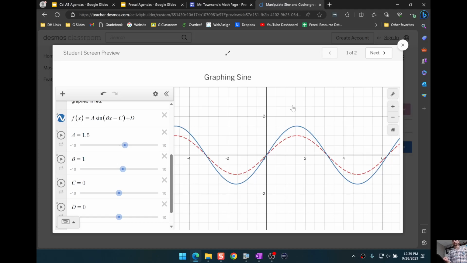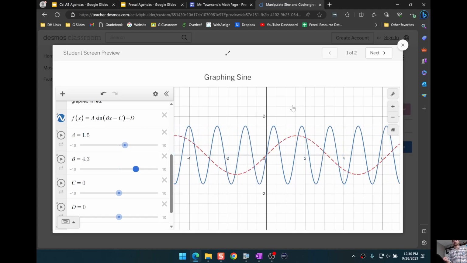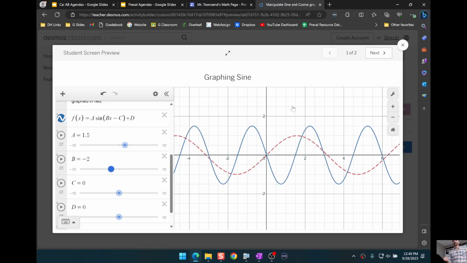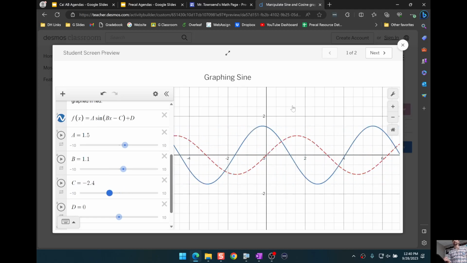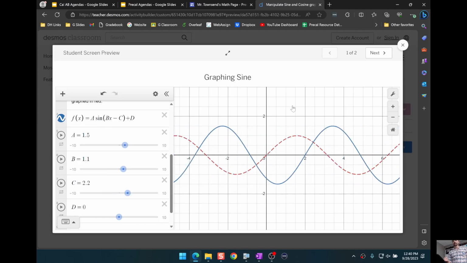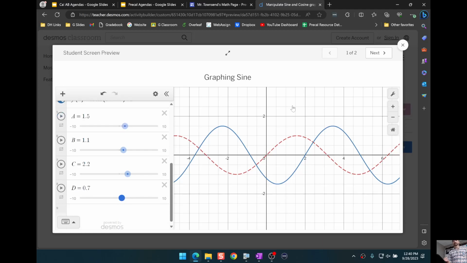Or B should affect the period, so you can see it could repeat more often or less often. C is going to shift, do a vertical shift. If there's a C value, and if there's a D value, what would that do to the graph? Make it go up and down. Right. The whole thing goes up or down.